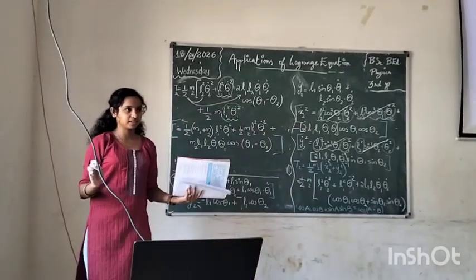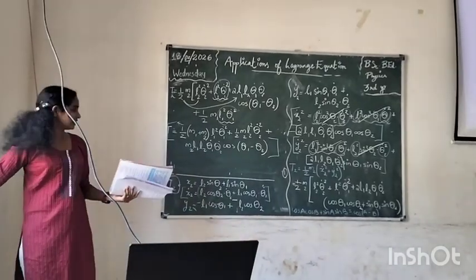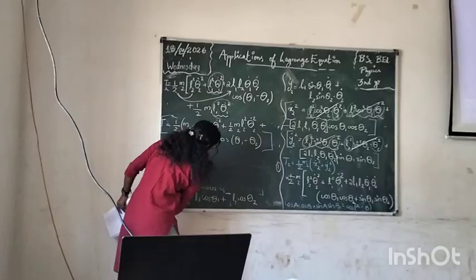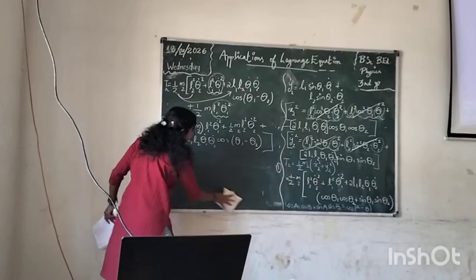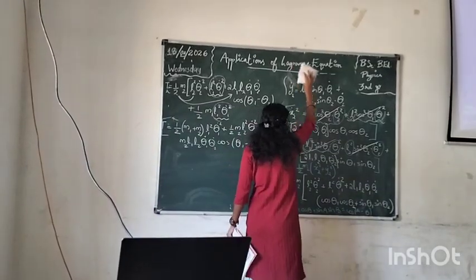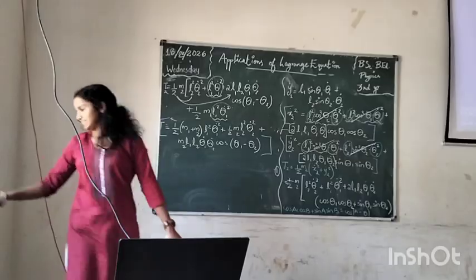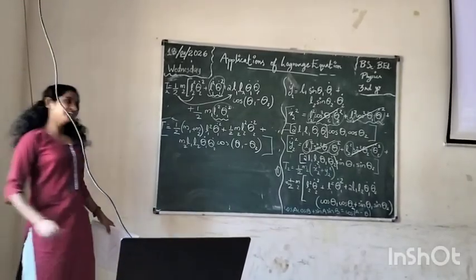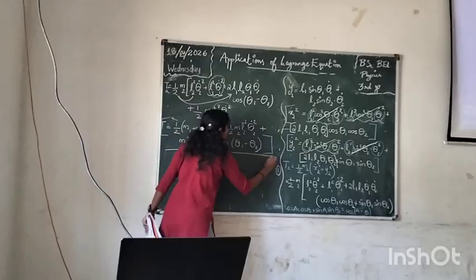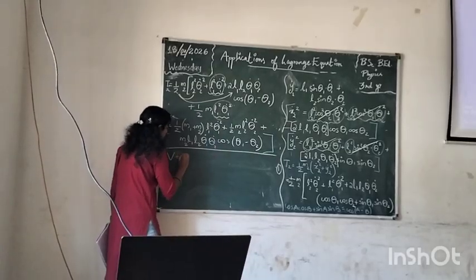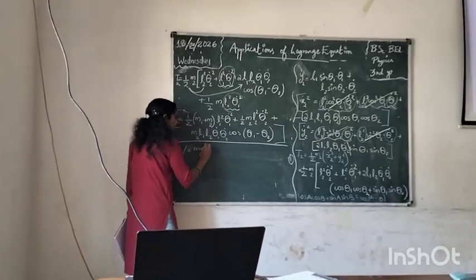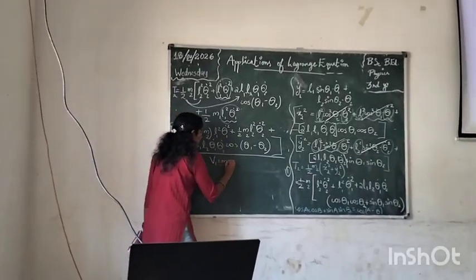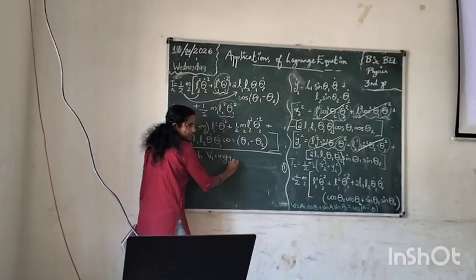Hope this is clear. So next we have to find the potential energy. Potential energy is far simpler than this. For that we have V is equal to mg into height. So for V1 it will be mg y1.